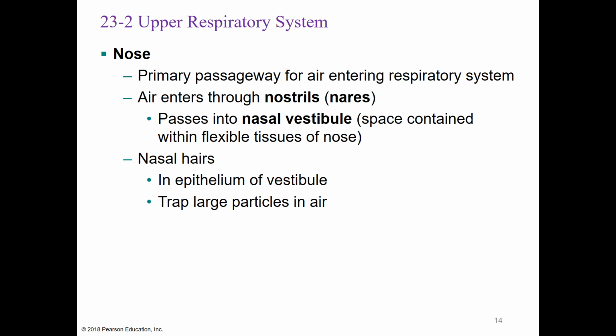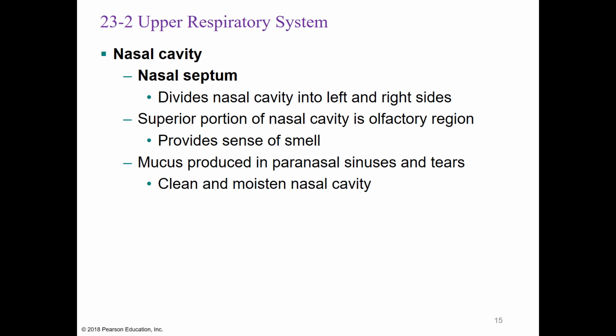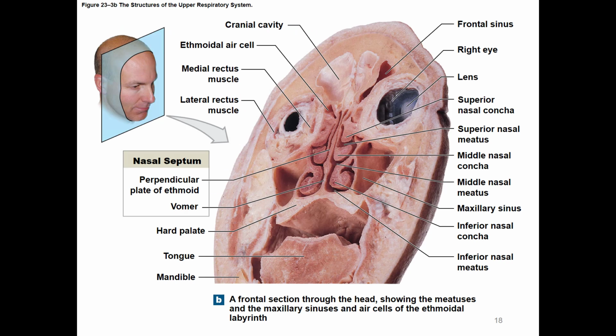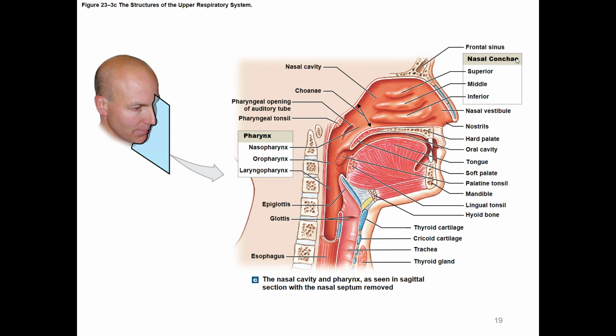Nasal hairs are in the epithelium of the vestibule, and they'll trap the large particles. So going forward to this picture, you can see the air would come in here through the nostrils, which have the nose hair, then into the vestibule, which is the flexible space in the nostrils, and then we're going to head this way.